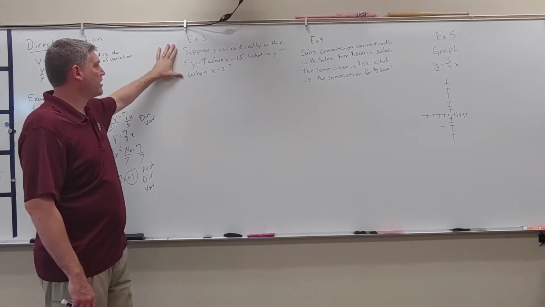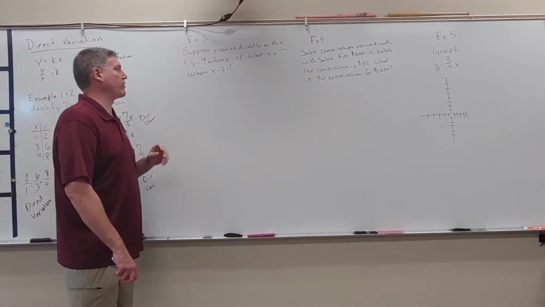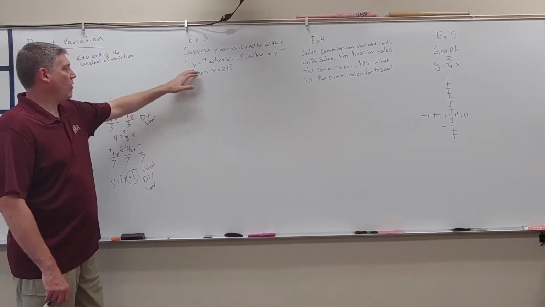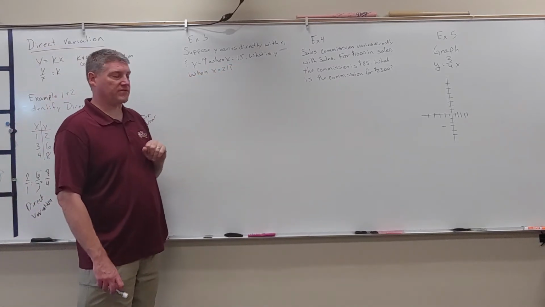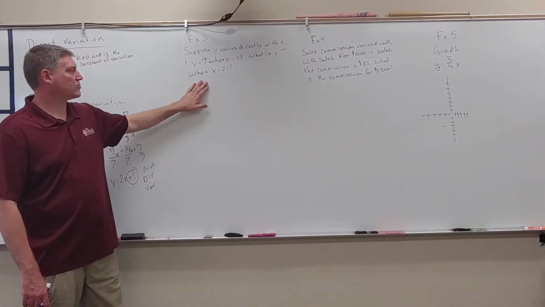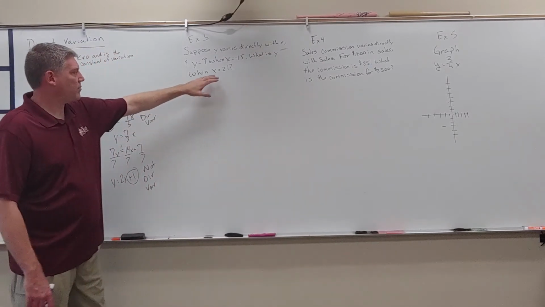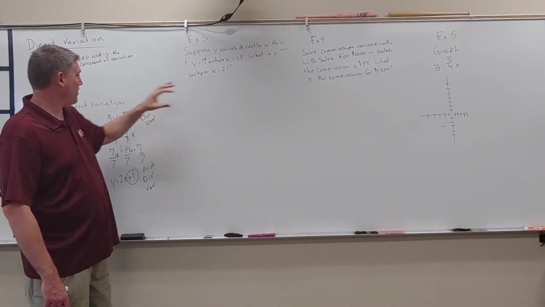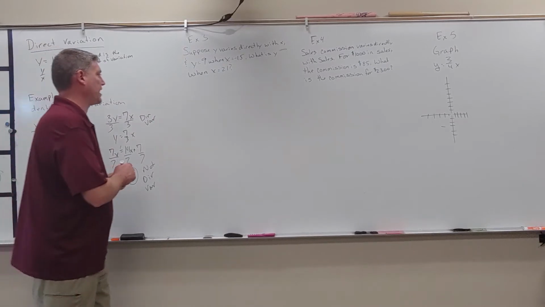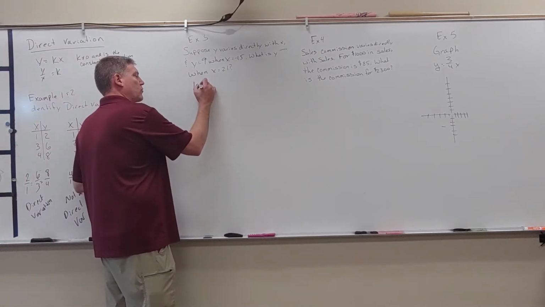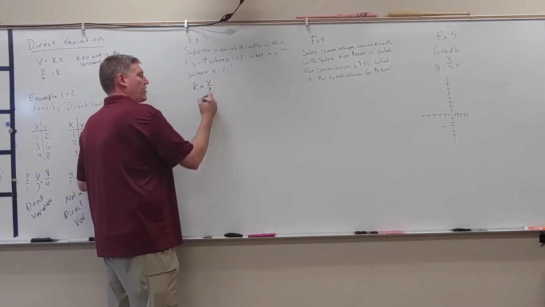Now we're going to look at how it looks when we write it out. It says, suppose y varies directly with x, and y equals 9 when x equals negative 15. What is y when x is 21? So our question is, what is y? Now, the problem is we don't have an equation, so we have to work back to that equation. If you remember, k equals y over x.